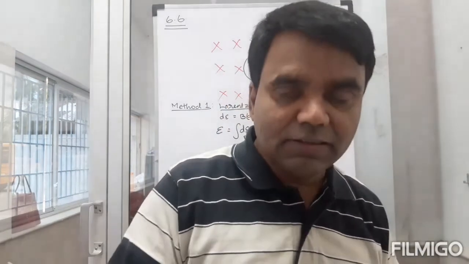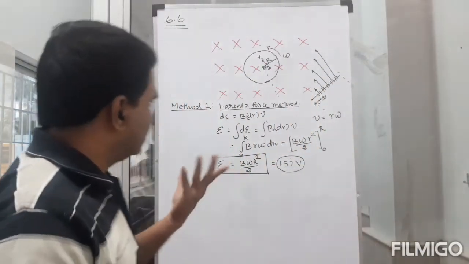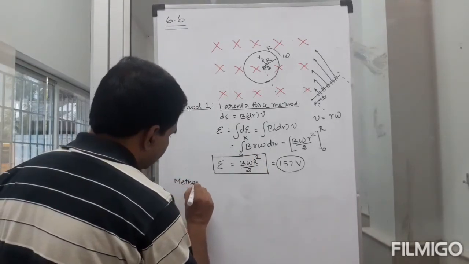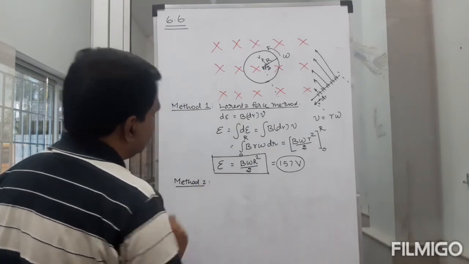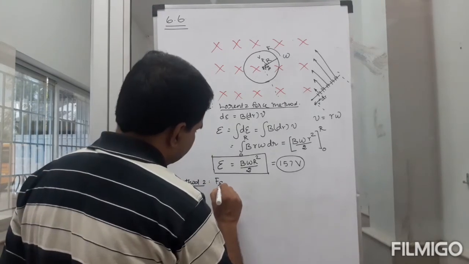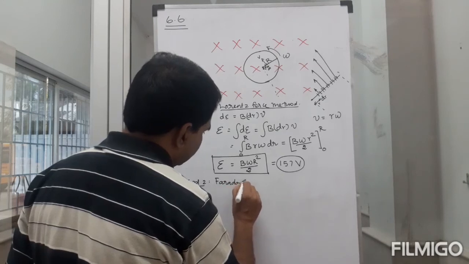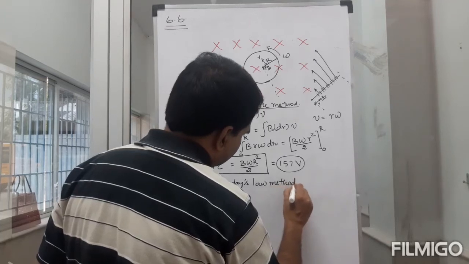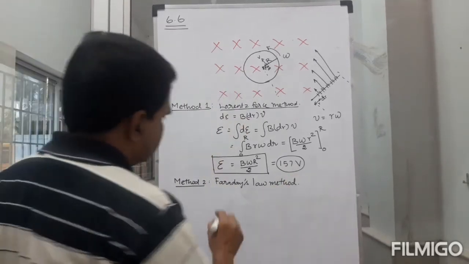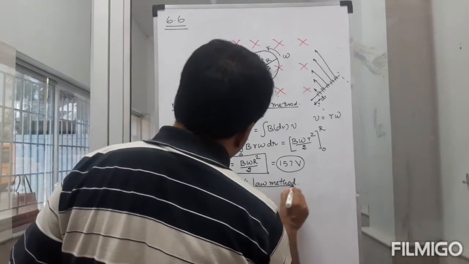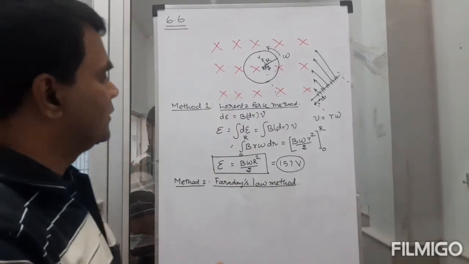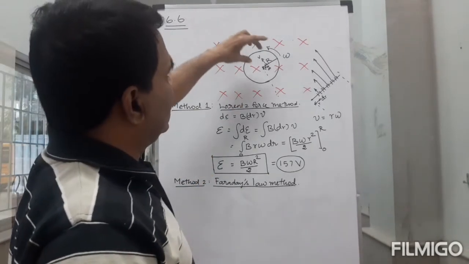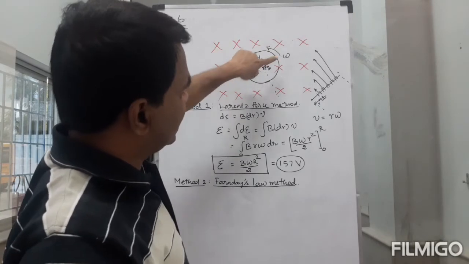The other method is the Faraday's law method. So method 2 is Faraday's law method. Again, the potential difference would be between this point and this point.